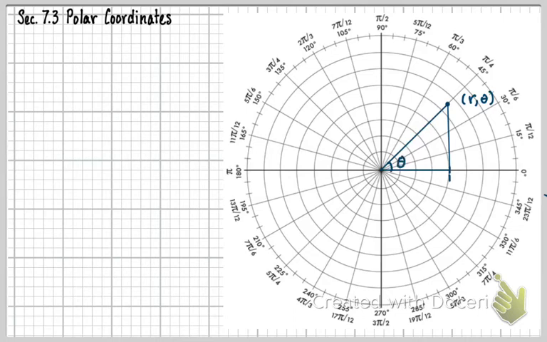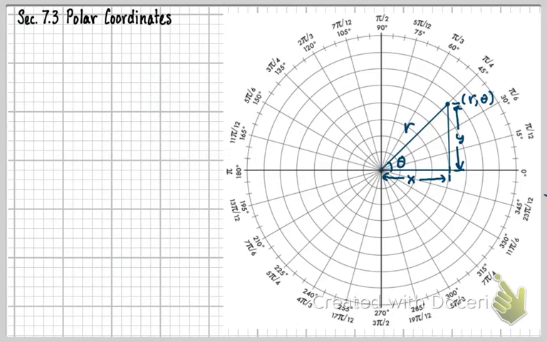The distance along this side is going to be my x, and this distance here is going to be my y distance. And my r would be over here. That would be my radius coming out from the pole.